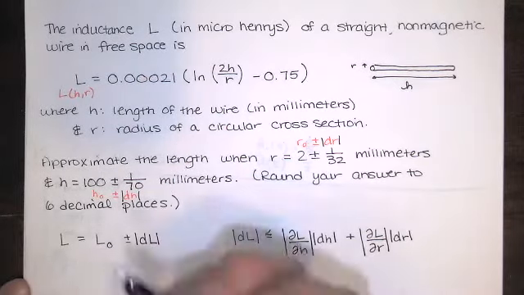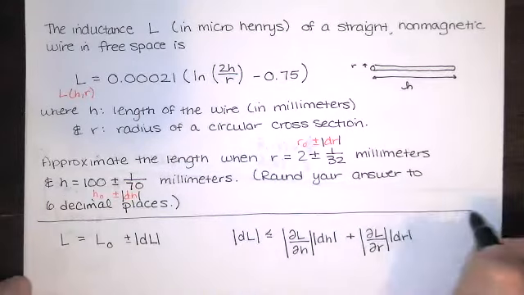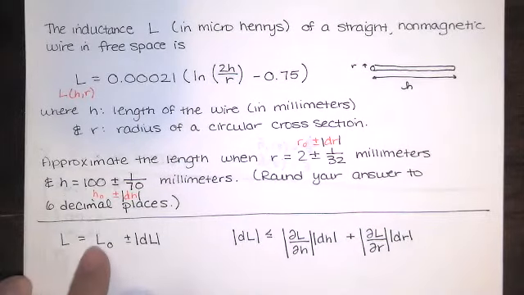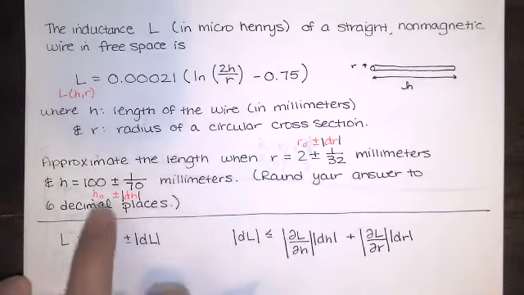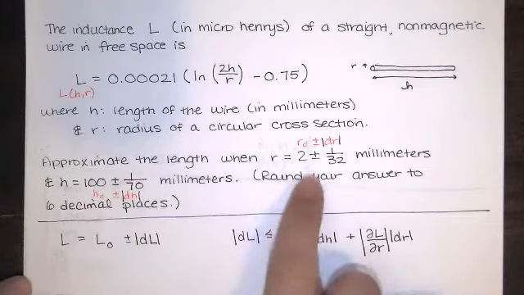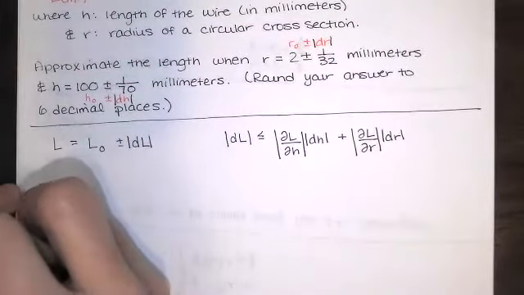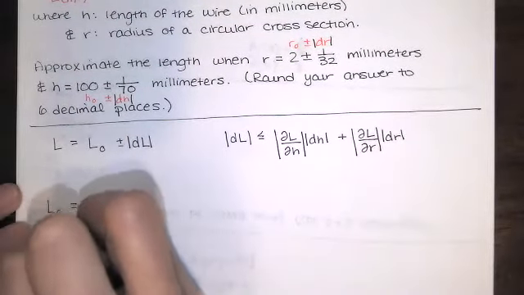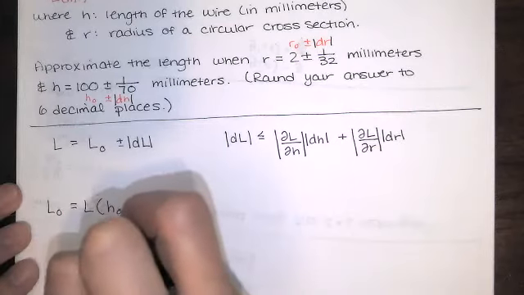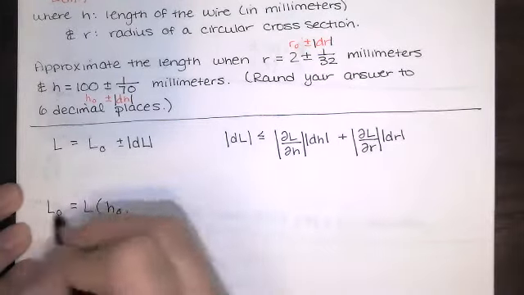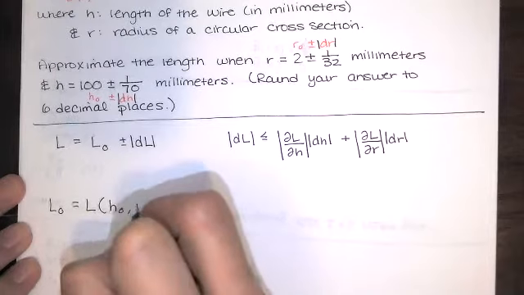So let's do the easy part first. L naught is the value of L that we get when we substitute h equals 100 and r equals 2. So L naught equals L of h naught, r naught.